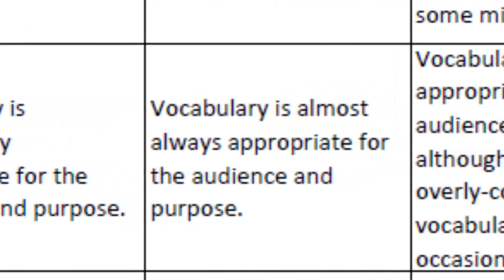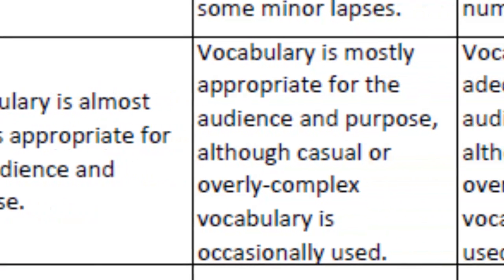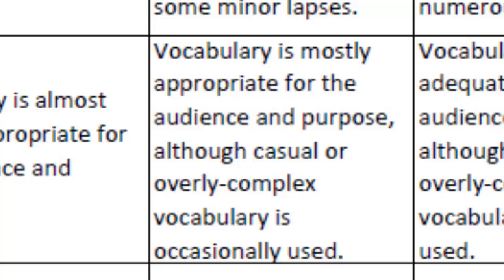A distinction means that it's mostly pretty good. There might be the odd place where the explanation could be clearer, or the terms could be better chosen, but mostly pretty good. A credit means that it's mostly okay and mostly well chosen for the audience and the purpose, but there might be some casual or overly complex vocabulary in there.